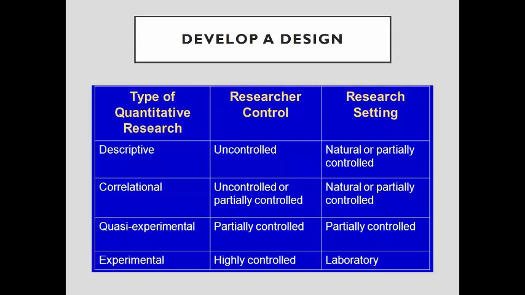So when we're developing our design, we have different types of research. First is descriptive, where you just talk about what's going on. It's not really what we use so much to evaluate programs. You can do correlational, where you have uncontrolled samples, meaning that you have the relationship between two things.